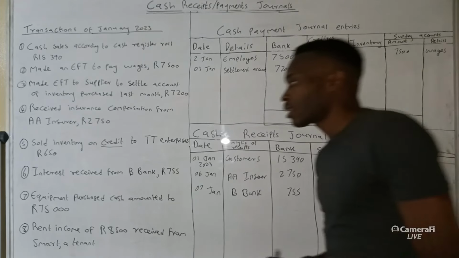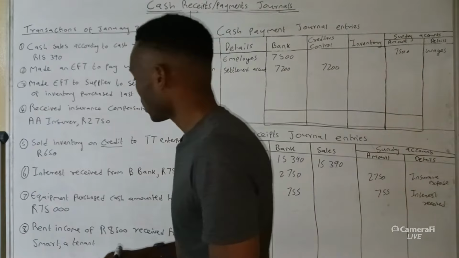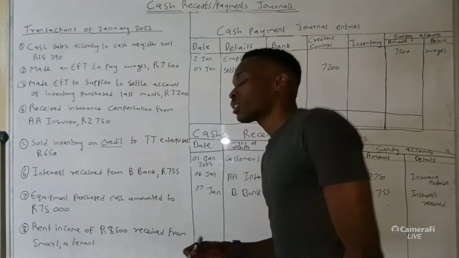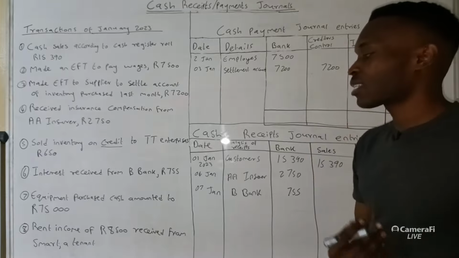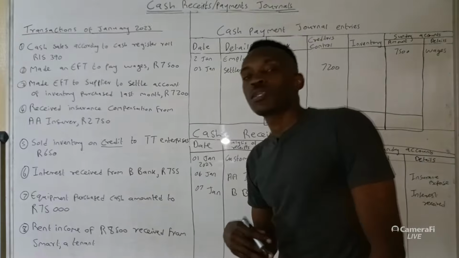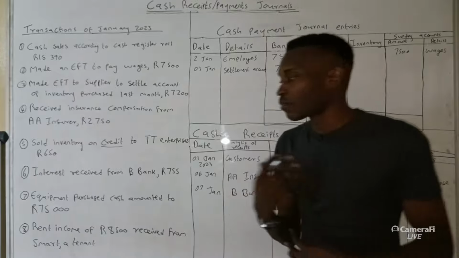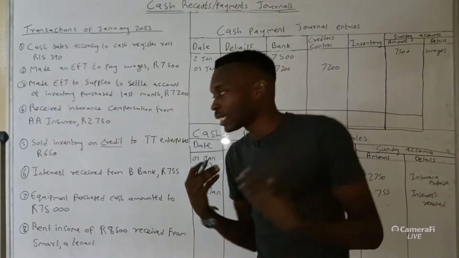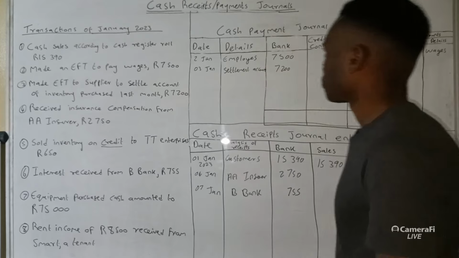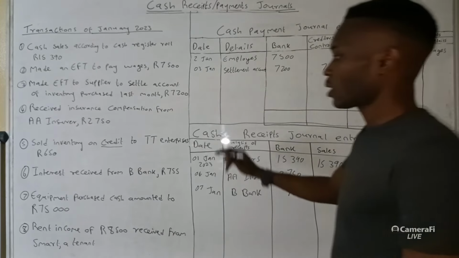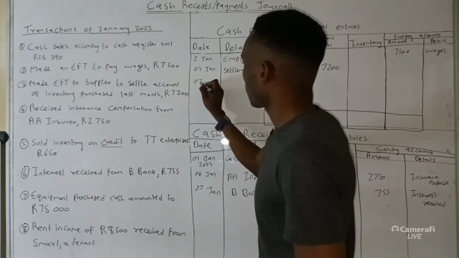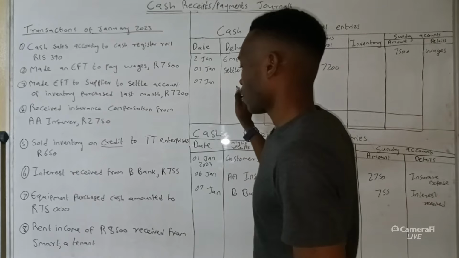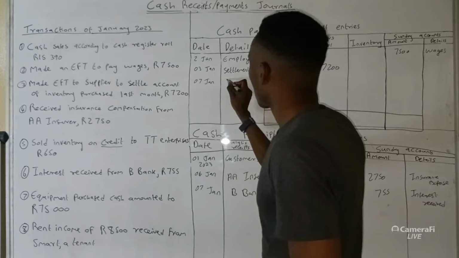Okay, then the next one, equipment purchase cash amounted to 75,000. Equipment purchase cash amounted to 75,000, which means that this one is going to fall under the cash payment journal. All right, a cash payment journal is this one. Of course, we are going to record it because cash has been paid on 7 January.